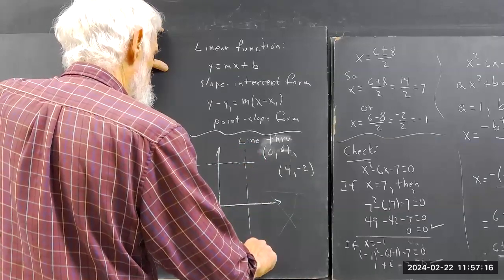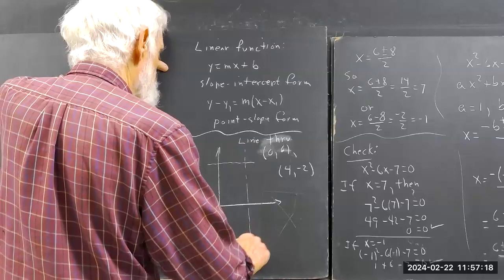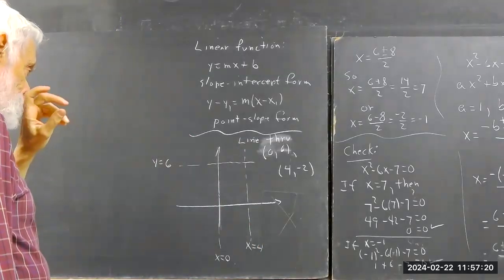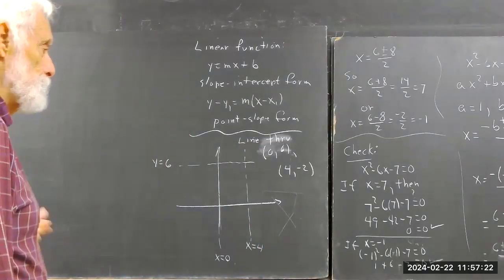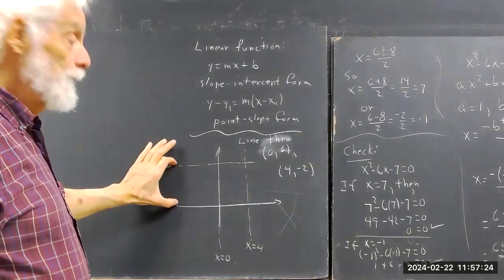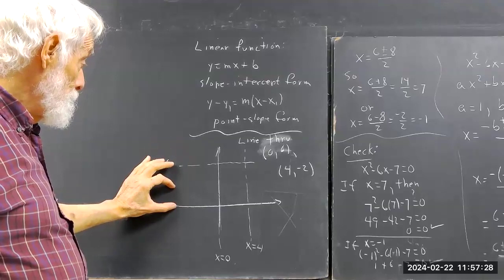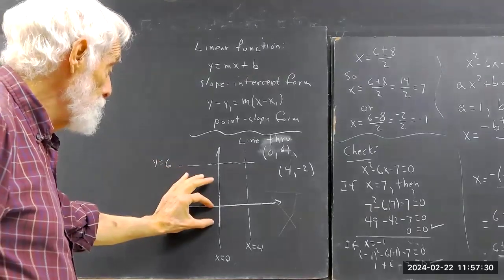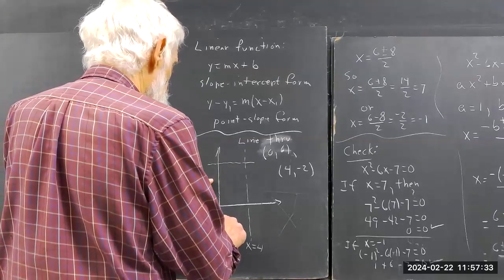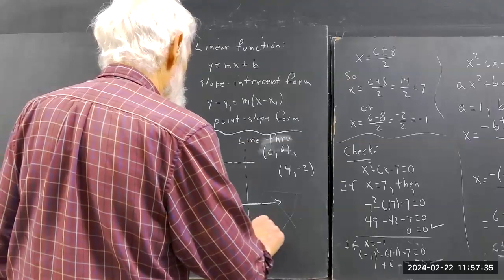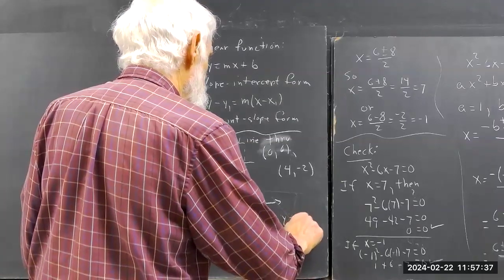I'll put x equals 4 out here. And then y equals -2. How big is -2? Well, 6 is this big. How big is -2? Less than half, a little less than half, about that big. So -2 would be about here. So here's y equals -2.